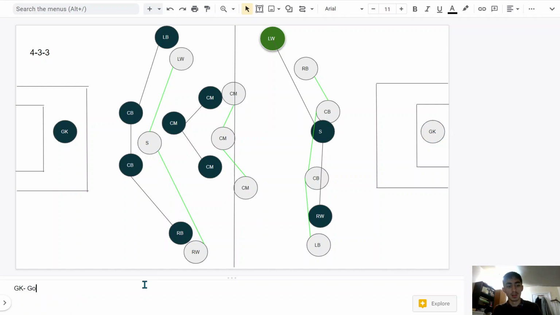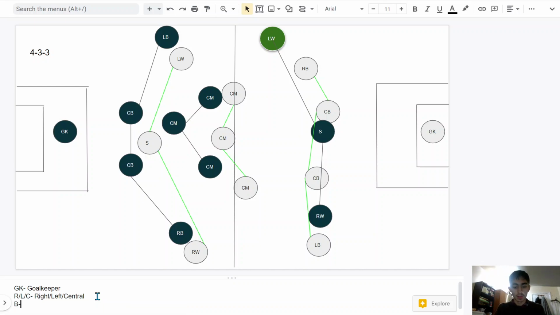GK stands for goalkeeper, R stands for right, and L stands for left, for those of you who wouldn't know. C stands for center, so I'll add that there, or central. These are obvious stuff.